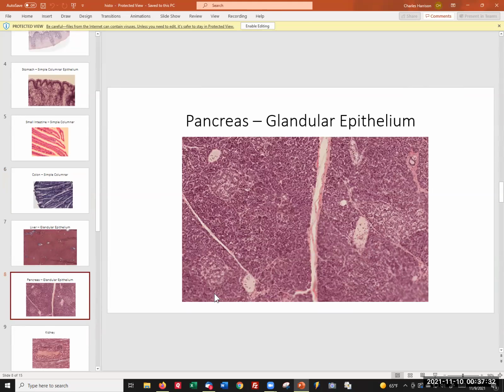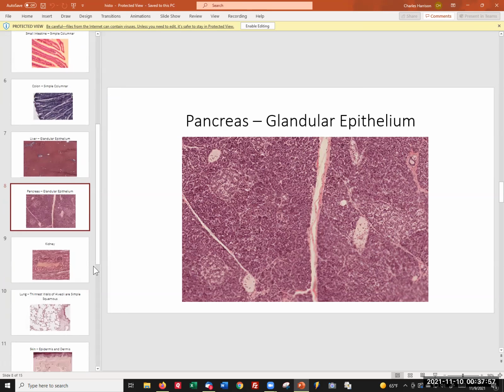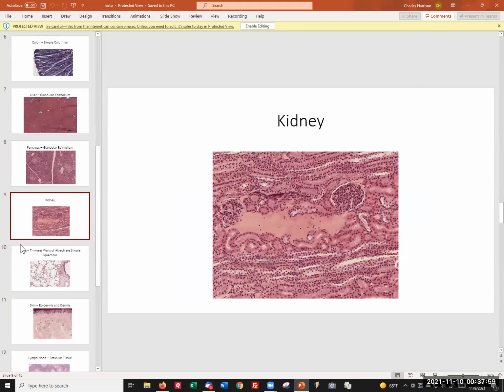And here's the pancreas again. Here's an islet. Here's an islet. Here's the separation of lobes. So it's glandular epithelium. Here's an islet over here. And the rest are enzyme producing cells, pancreatic amylase, and they are called acinar cells. This slide you've seen a moment ago.